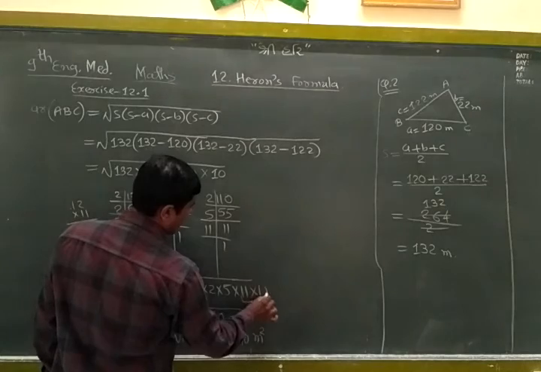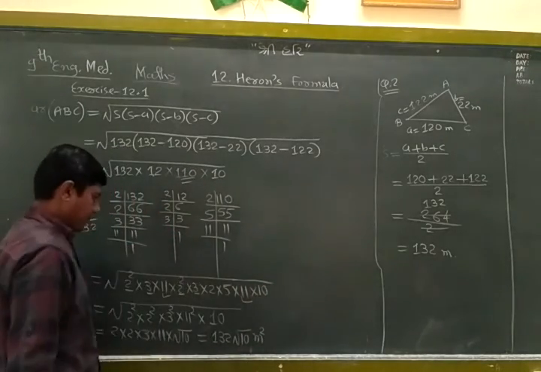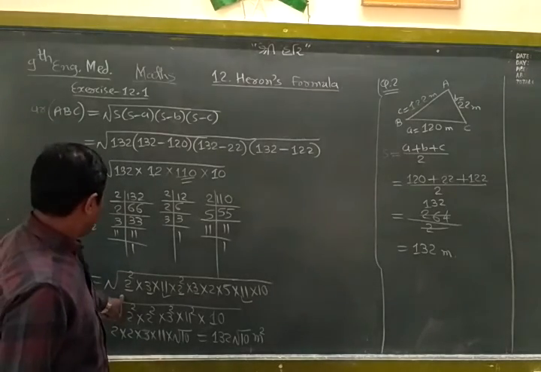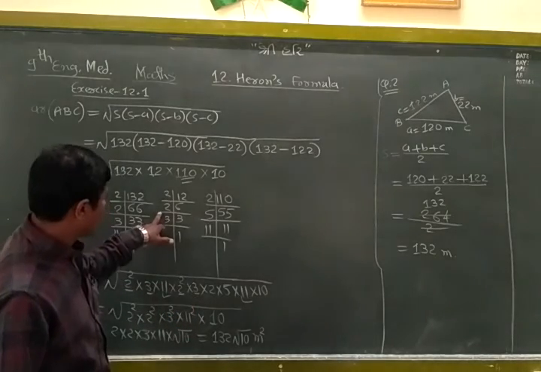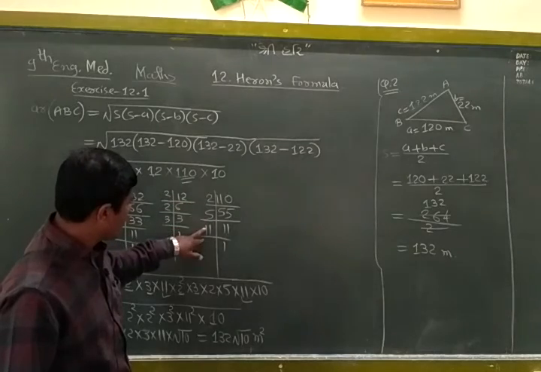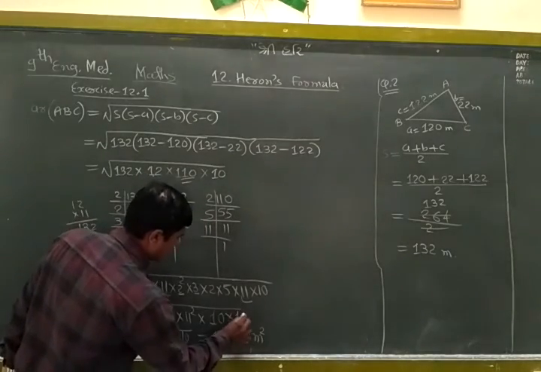Here also 110 is remaining, because this remaining 10. So 2 square into 3, 2 fives are 10 and 11, 10 is remaining, so multiply here 10.